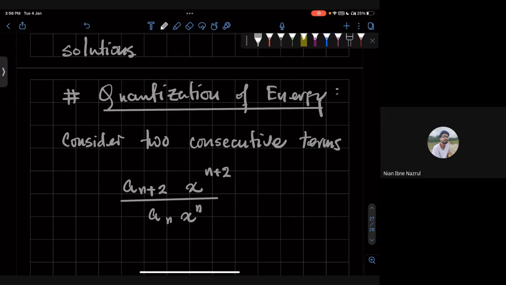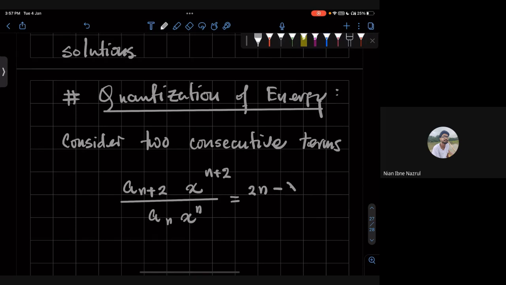Okay, so if I look at the coefficients, our recursion relationship gives you (2n minus lambda minus 1) divided by (n plus 1)(n plus 2) x squared, right?